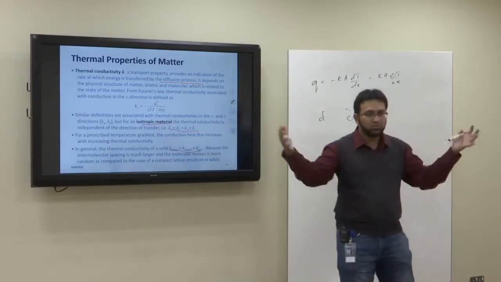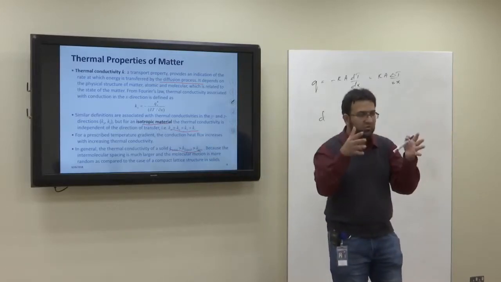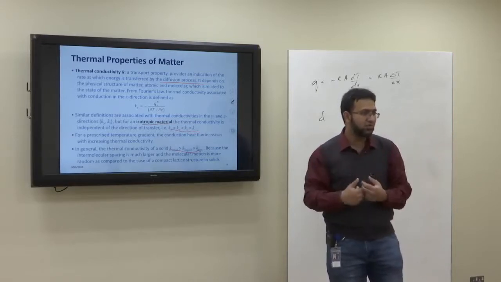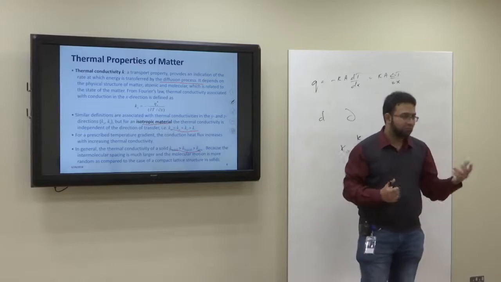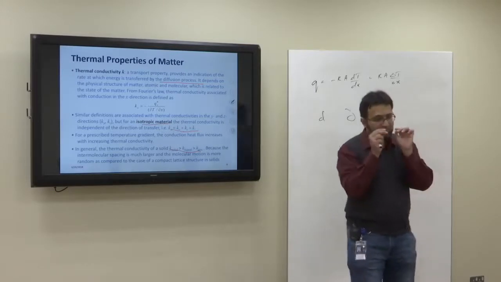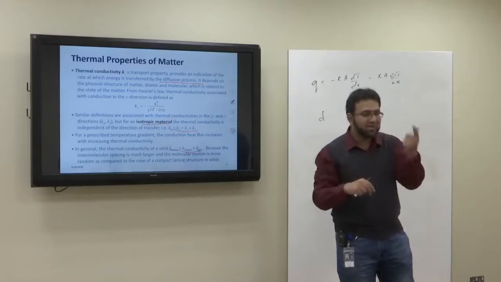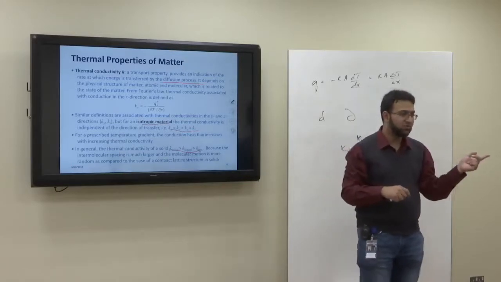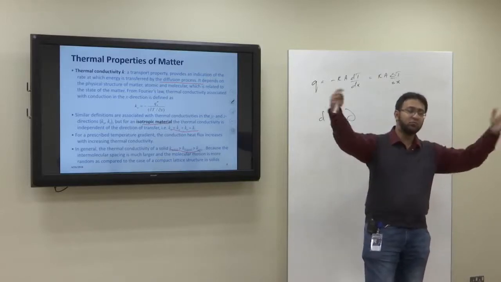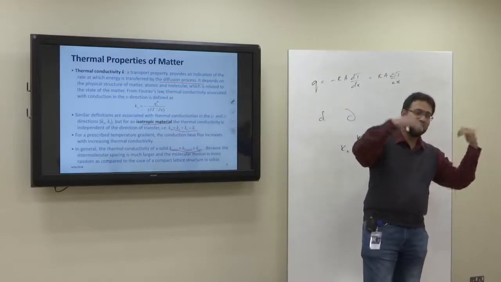Because the molecules are so close, there will be more and more collisions and more heat transfer. In liquids, molecules can move around, so transport by diffusion is comparatively less than in solids. In gases, the molecules move around and are even farther apart than in liquids.